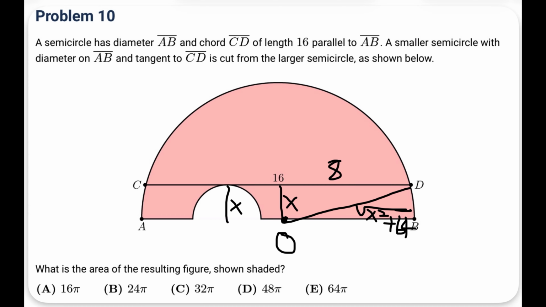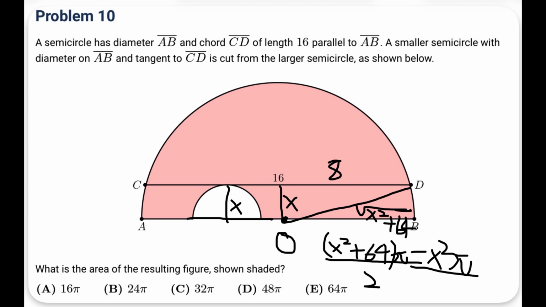So we will have pi over 2, since they are semicircles, x squared plus 64 pi minus x squared pi. And this is equal to 32 pi no matter what x is. So we have C, 32 pi.